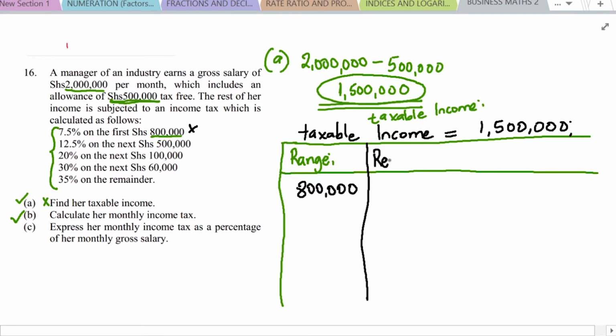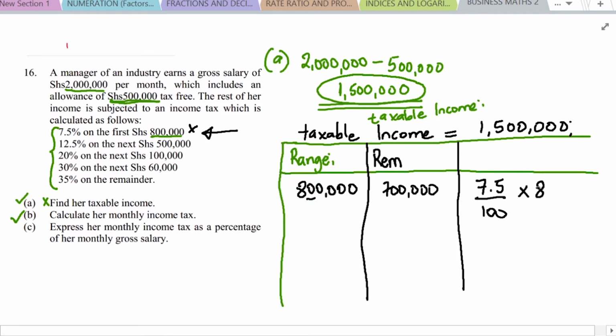So the remainder after taking out that 800,000, I shall come here and say that 1,500,000 minus the 800,000 that we are going to subject to tax, we remain with 700,000. So the first 800,000 is subject to what tax? It is 7.5 over 100, because that's what it's written here, that it is 7.5% times the first 800,000.